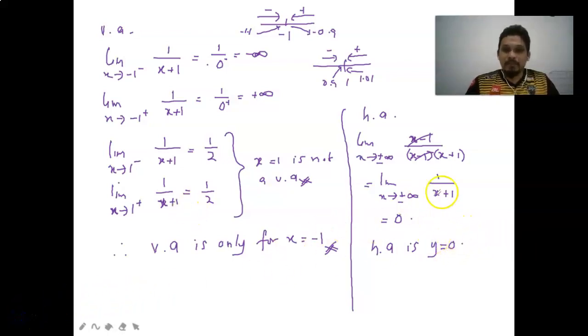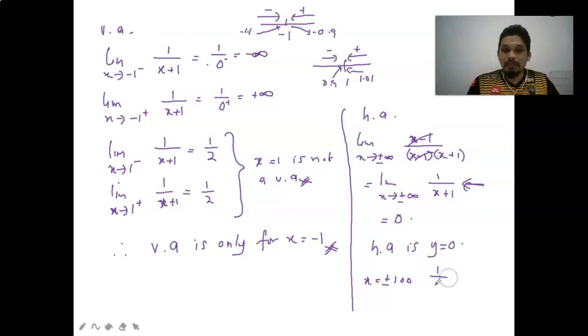So now class, for this case, let's imagine if x equals positive 100.